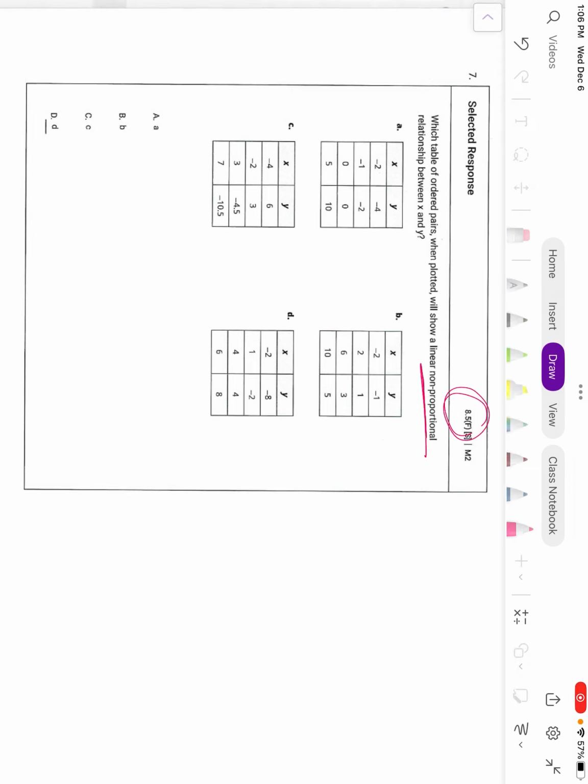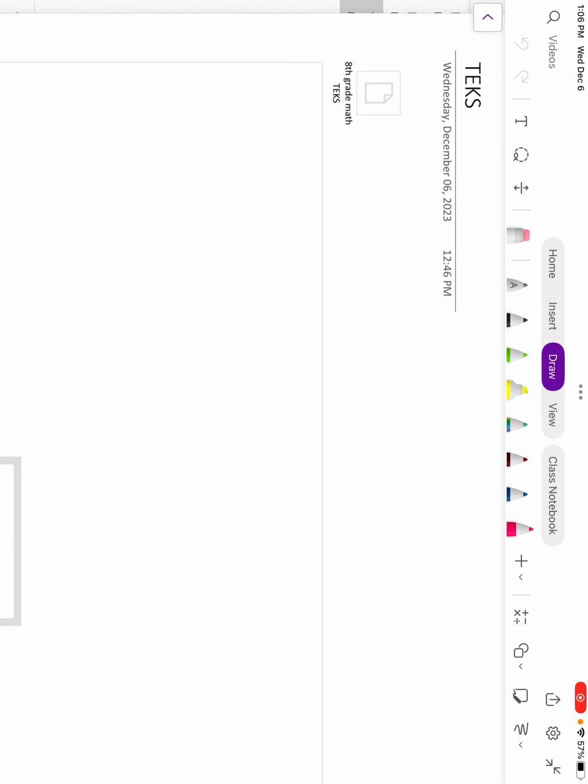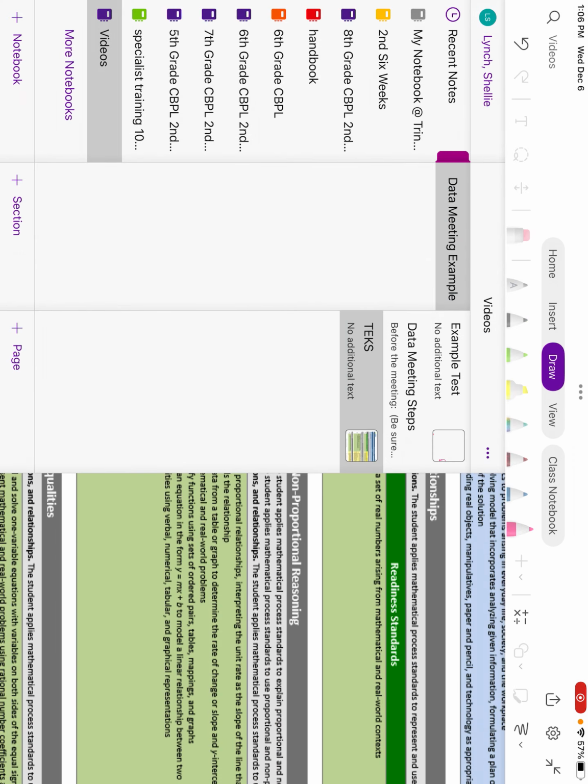So I'm going to go to my TEKs and look for 8.5F, which is right here. It says distinguish between proportional and non-proportional situations using tables. So this is a legitimate question, and I can look at the data from that.